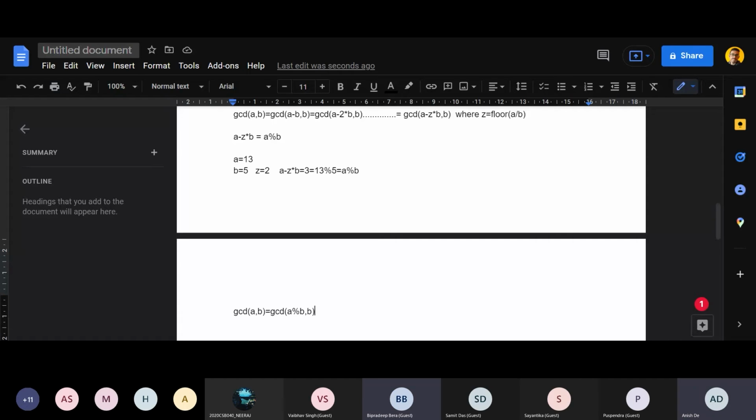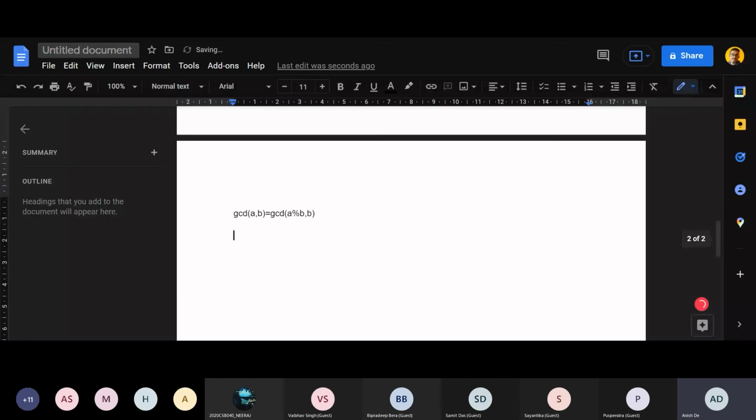It has now become logarithmic, since we are almost dividing, taking out the remainder every time. Every time we are dividing A by B, so the complexity has been reduced to log of A comma B.